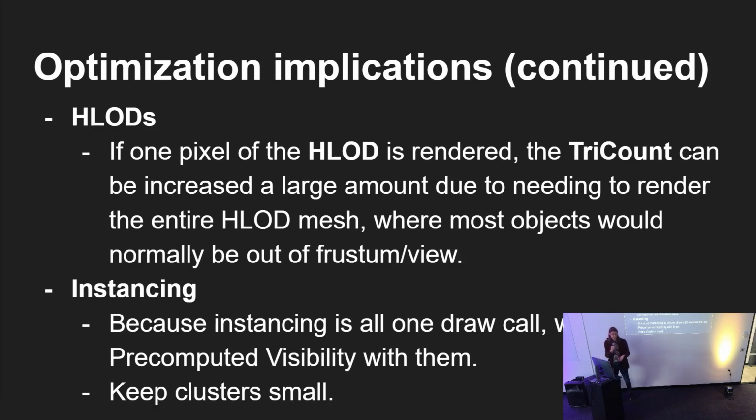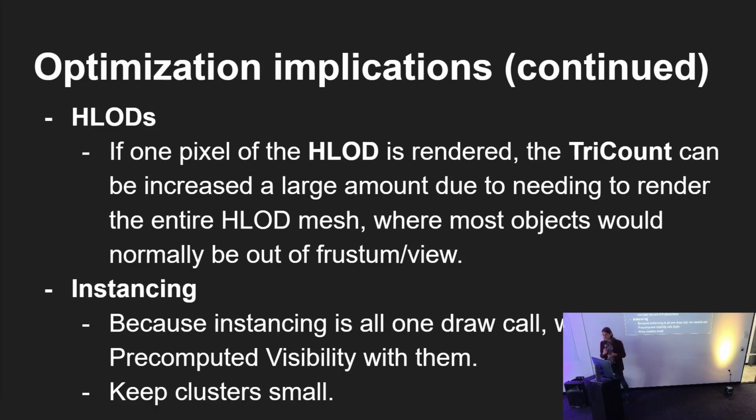But if you HLODed it, and you're rendering just a huge mesh, because you're seeing that one small corner of the building, you are now having to render that entire building. So generally, HLODs are actually going to be increasing your triangle count, depending on the quality of the HLODs that you make. Obviously, when you make the HLODs, you can create them with a very small triangle count. But again, it's a balance between quality and performance and how you want to handle that.